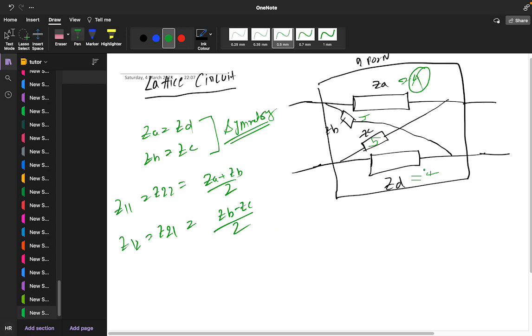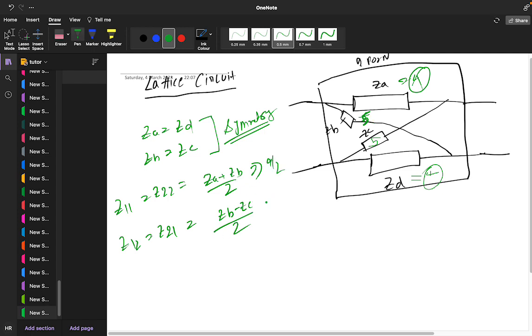This is 4, this is 4, this is 5. So Z11, what will we get? 4 plus 4 by 2, ZA plus ZB, 4 plus 5 by 2, 9 by 2.